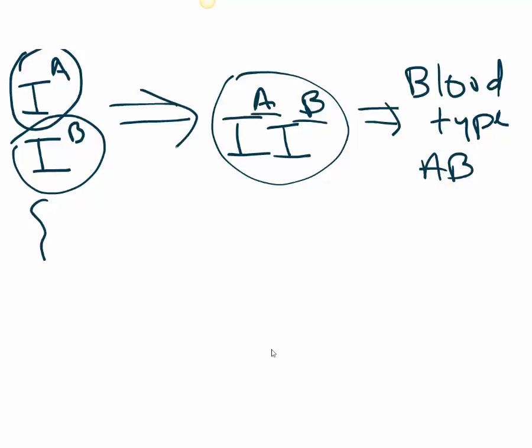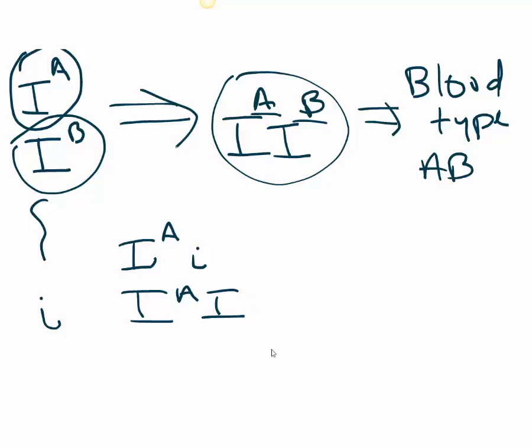But if the other allele is neither A nor B, there is a recessive type allele. And to indicate that, we use the lowercase i. So possible combinations for blood type might be IA, little i, or IA, IA.